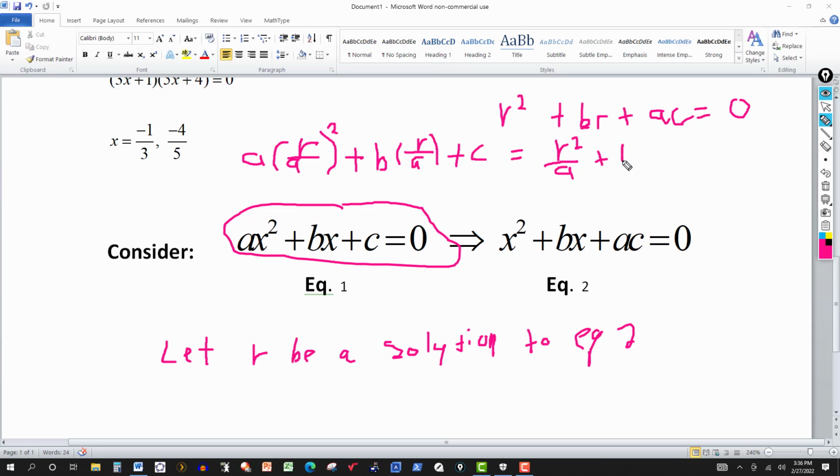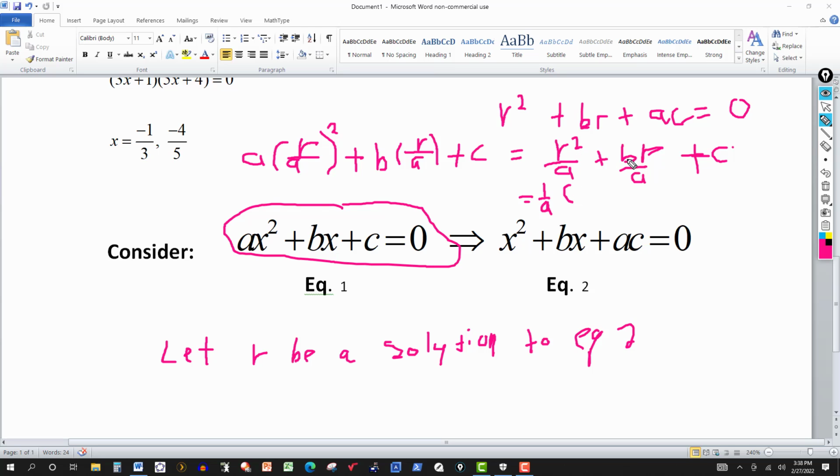This would give me br over a plus c. And then I'm going to multiply this by a and divide by a, only because I don't have an equation yet, so I can't just multiply both sides by a, because I want to show that it's equal to 0. So I'm going to multiply by a, and at the same time divide by a.